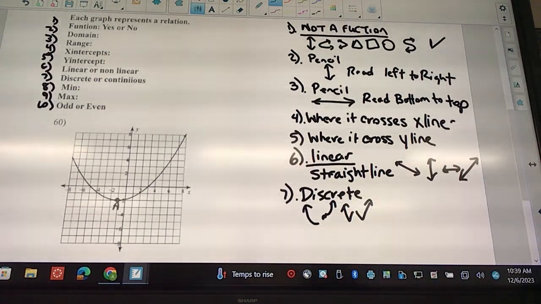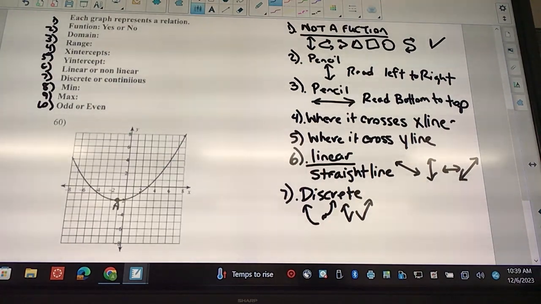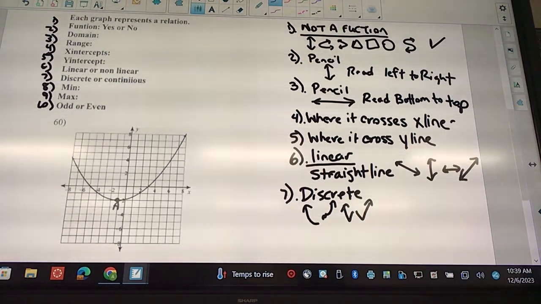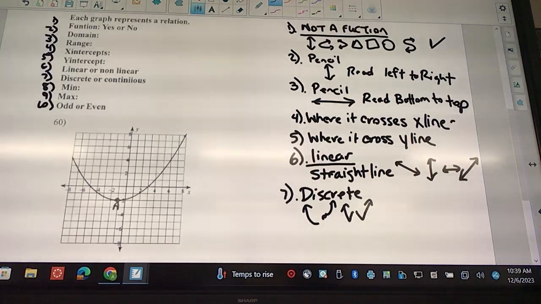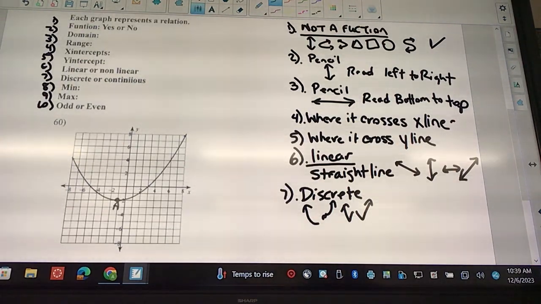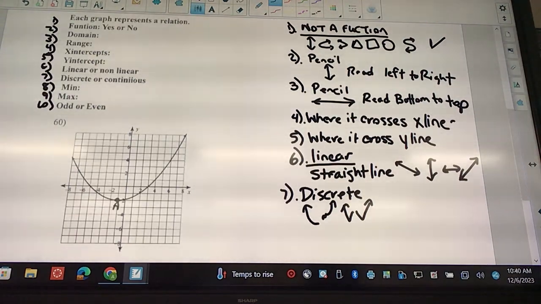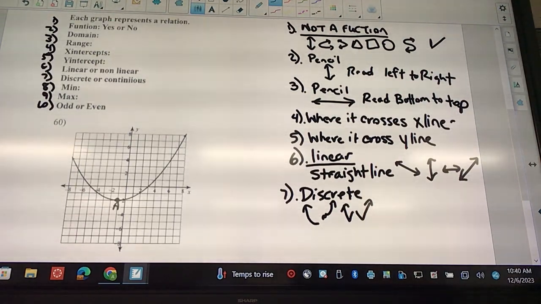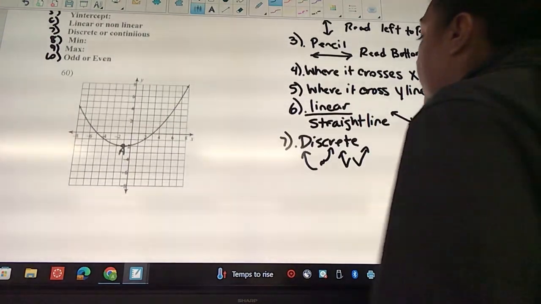Continuous then is I can start from one arrow and work my way all the way over without lifting up my pencil. If you were going to guess, I would go with continuous for the graphs, just because that's typically what it is.